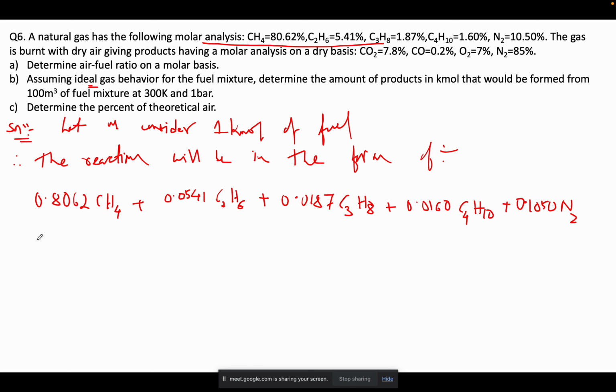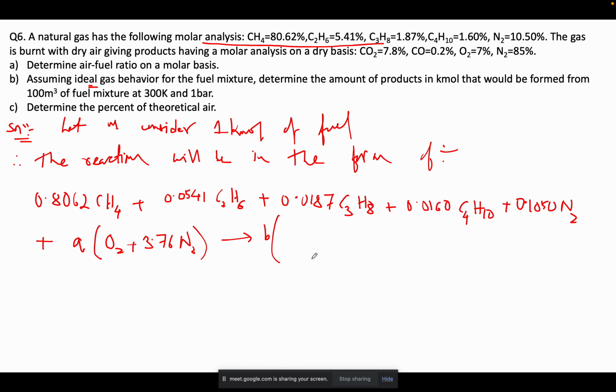Now it is allowed to react with air. We don't know the number of moles of air present, so let us assume this as A. It will be O2 times 3.76 N2. Now the products have two parts: one part is the wet part and the other is the dry part.